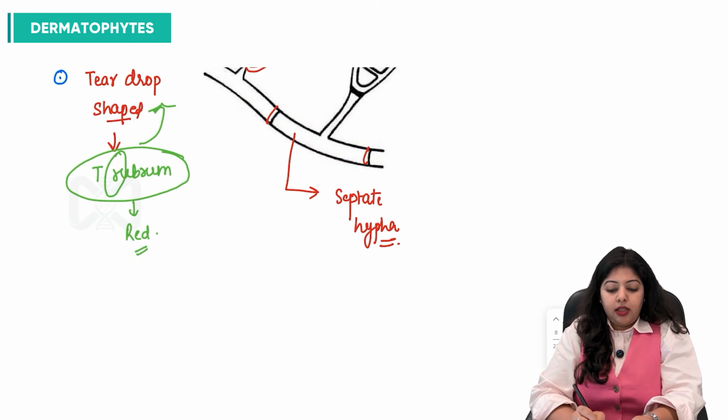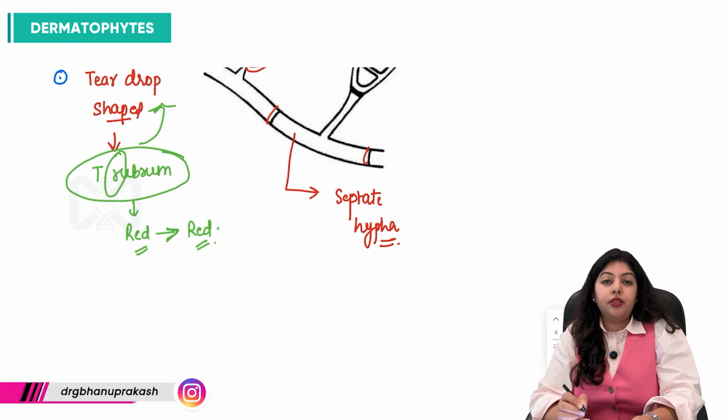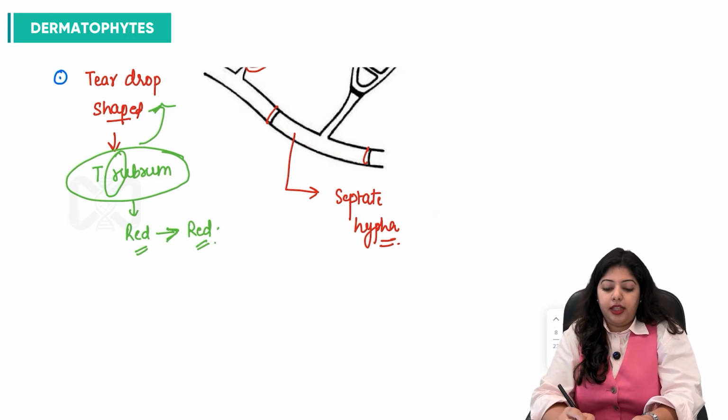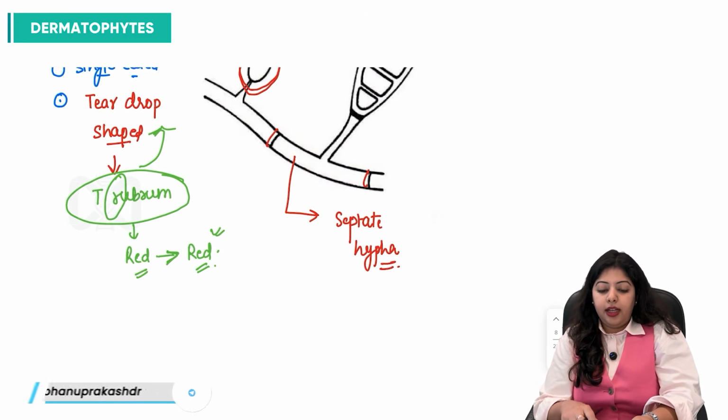So this imparts the color to the media or the colony. The colonies are red colored. So the media turns red and it gives a very beautiful color, Trichophyton rubrum, right?